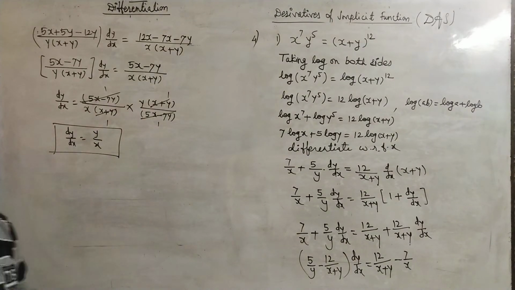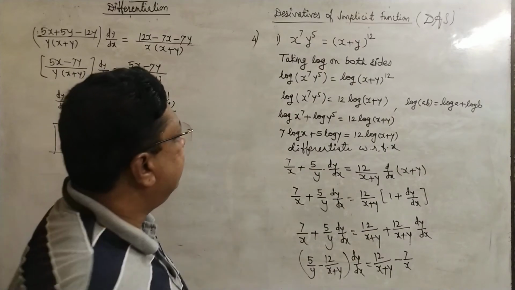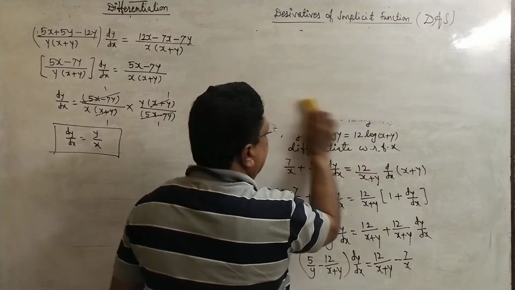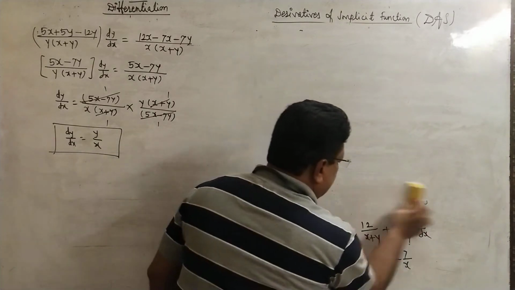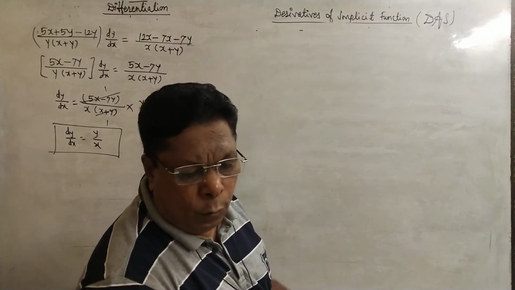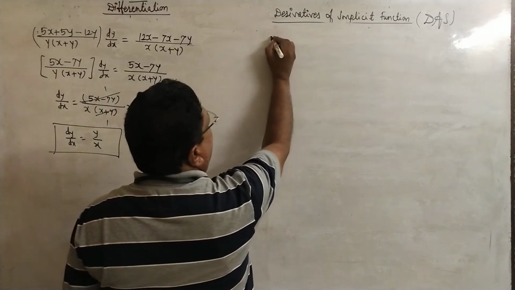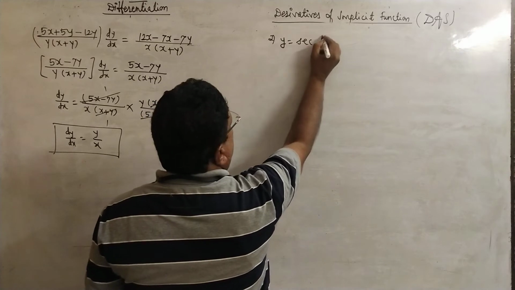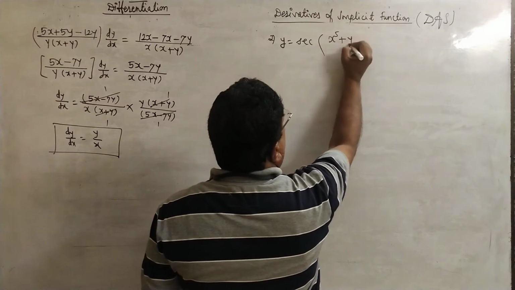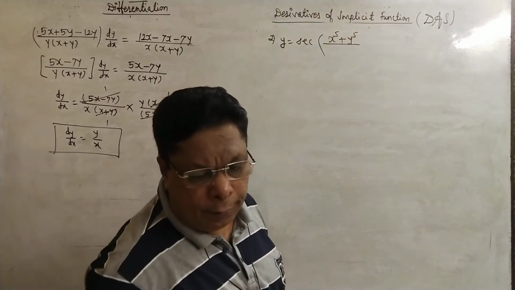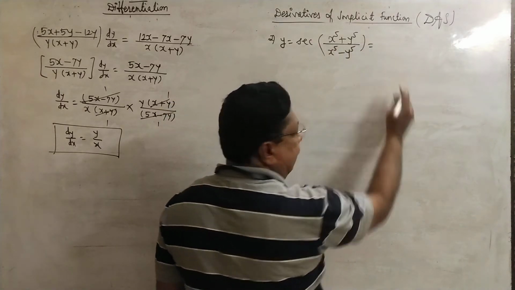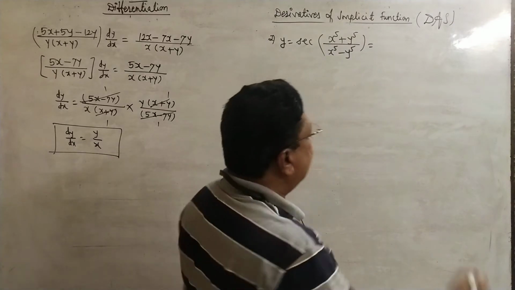Now we will take one more sum. Now the second one: y equal to sec of x raised to 5 plus y raised to 5 upon x raised to 5 minus y raised to 5 is equal to a square.